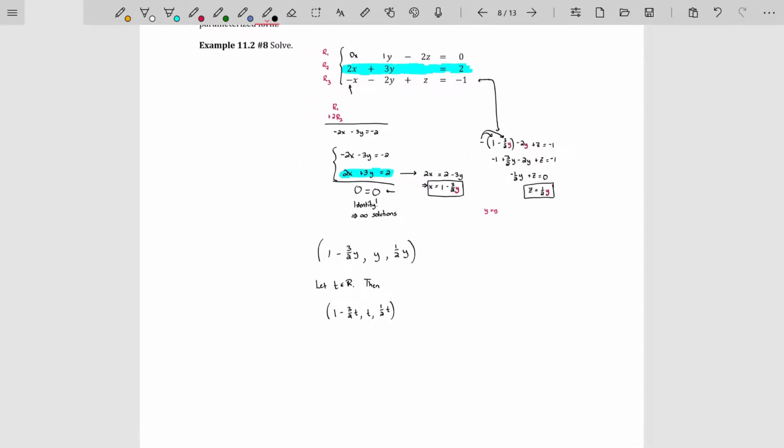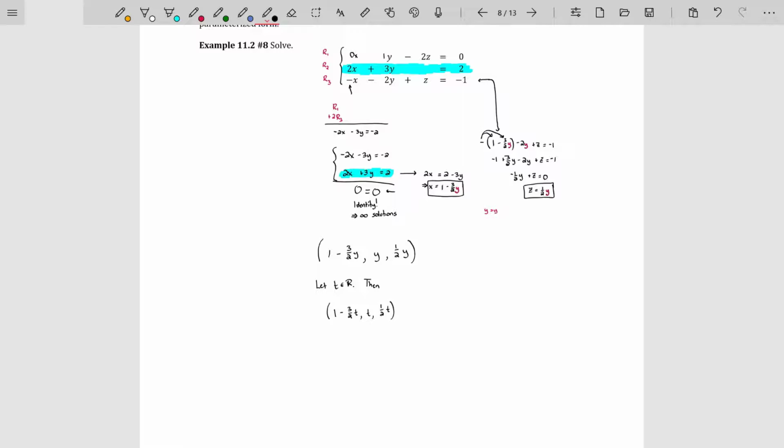Another thing I want to mention here, and this is just an unfortunate case when people use online homework systems, is that online homework systems are coded to accept only certain specific answers. So it might say, write your answer in terms of the variable z. Well, that's not the way we solve this system.